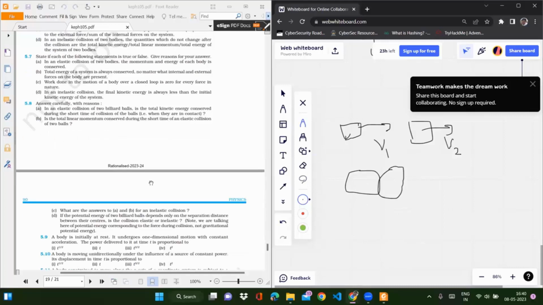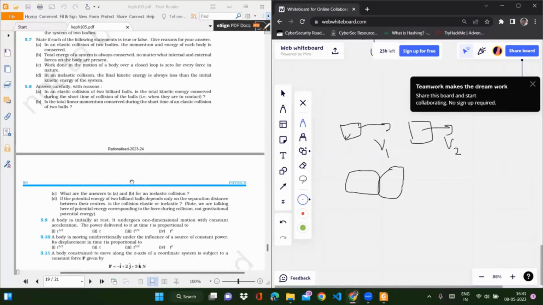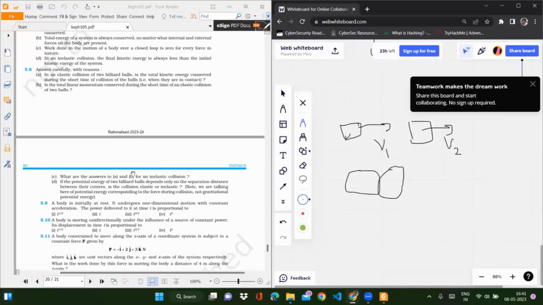Now the second question says, is the total linear momentum conserved during the short time of an elastic collision of the two balls? Yes, the total linear momentum, however short the interval, will be conserved for the elastic collision of the two balls or any collision. Now the third question is, what are the answers to A and B for inelastic collision?